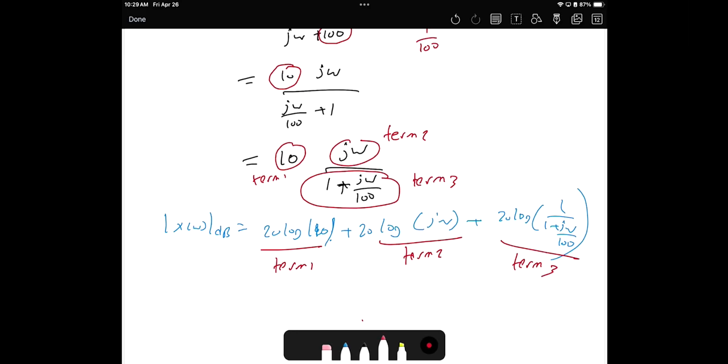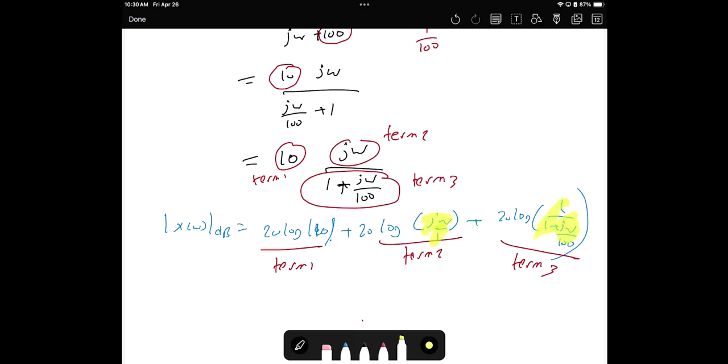Now look at term 2, j omega inside the logarithm, which is j omega. Term 3, 1 over 1 plus j omega over 100. We already know it, right? We already know the procedure, basically. The cutoff frequency here is 100. Term 2, it is j omega, which is j omega over 1. That's how we calculate it. So the cutoff frequency here is 1. How about 10? Okay, we've never done it.